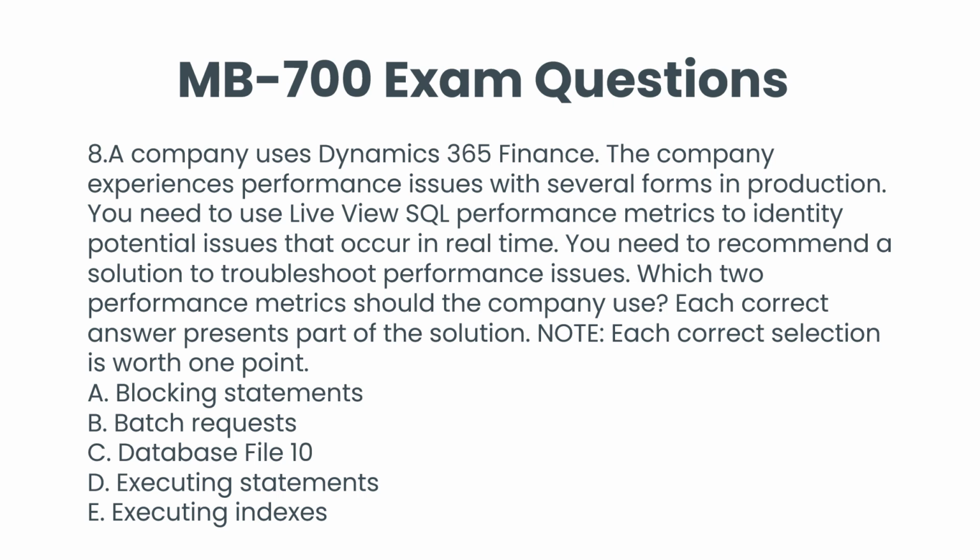Each correct answer presents part of the solution. Note: each correct selection is worth 1 point. A. Blocking statements. B. Batch requests. C. Database file IO. D. Executing statements. E. Executing indexes.